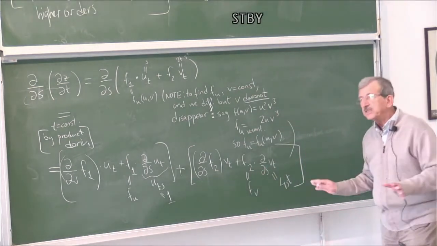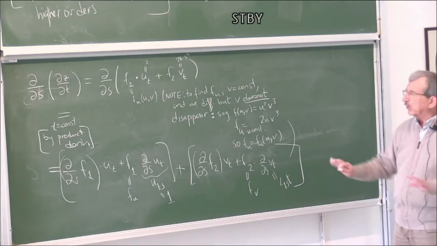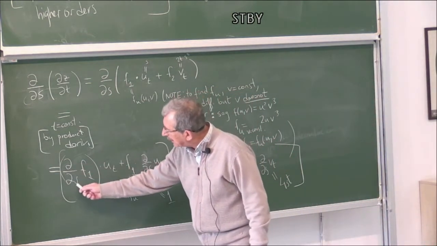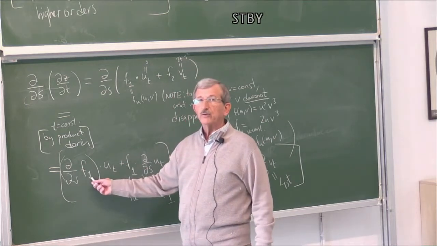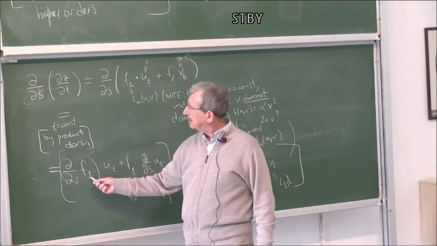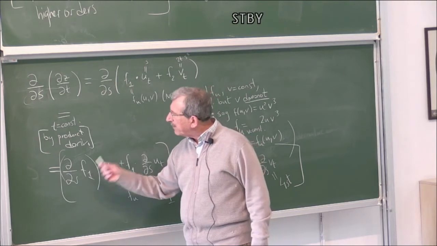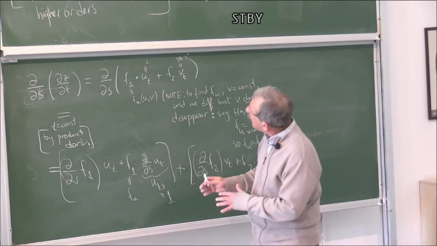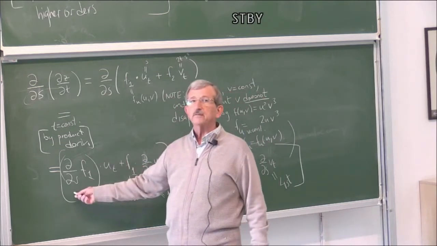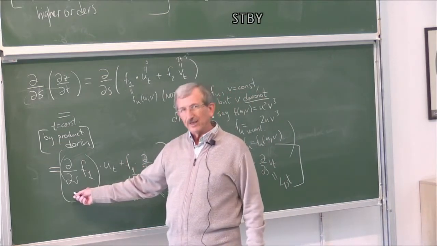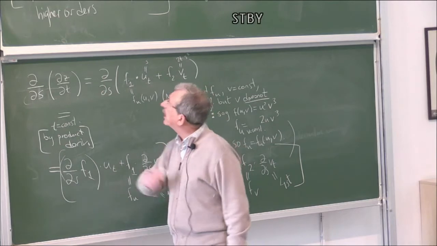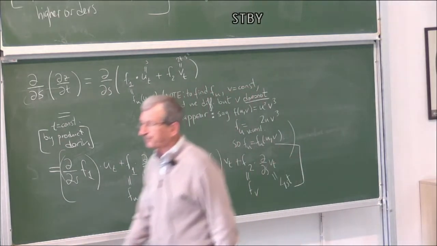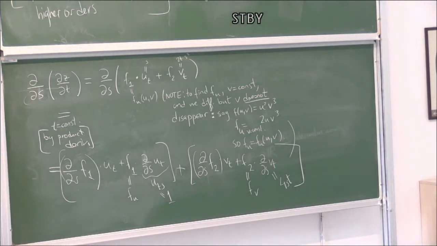There are no chains left, so we can't do anything there. But for del by del s of f1, we can still do something. That is, the primary variables in f1 are u and v. Well, u and v are functions of s. So there's a chain. So we can calculate this in detail. Let us do that.